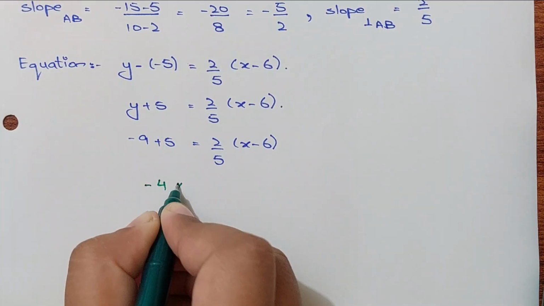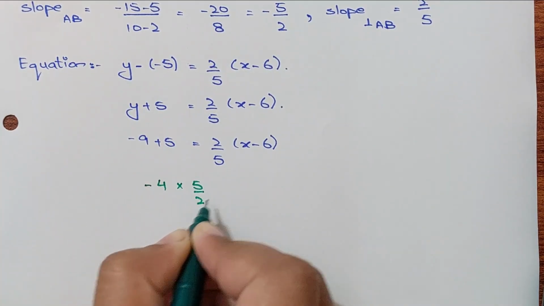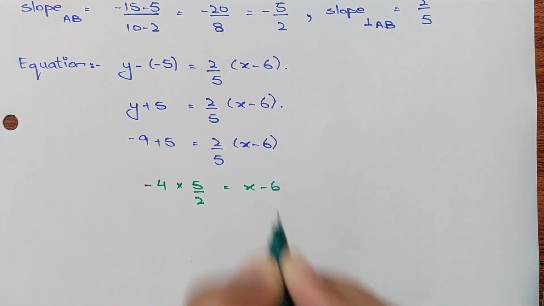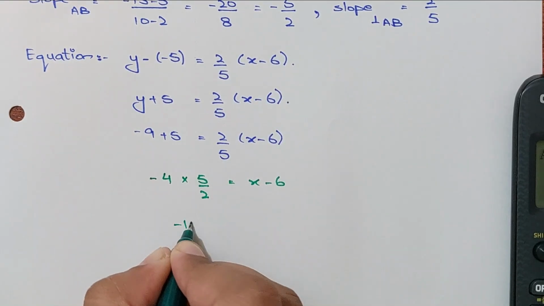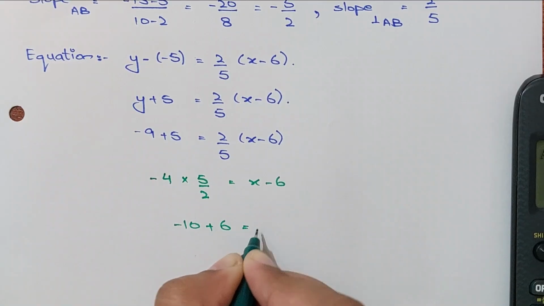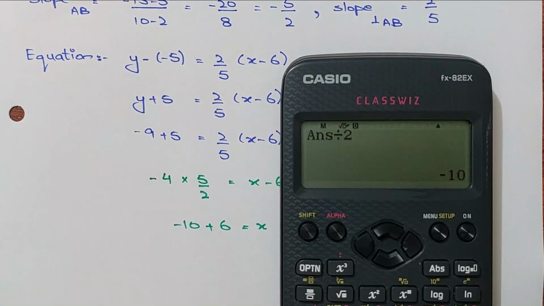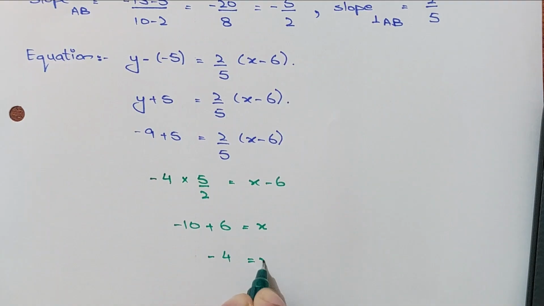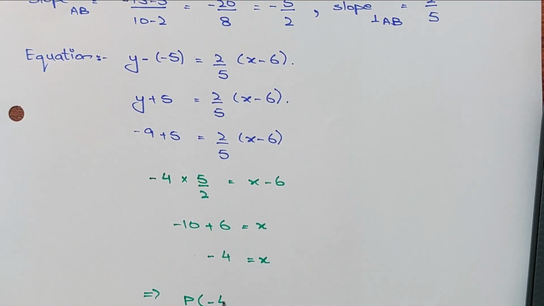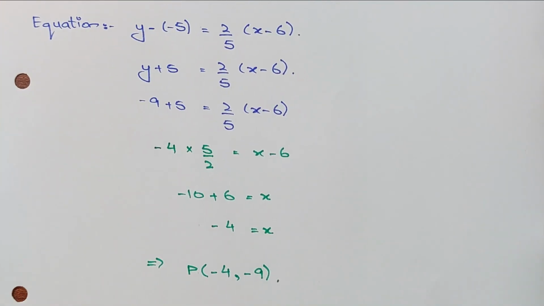Negative 4 times 5 by 2 equals x minus 6, right? Times 5 divided by 2 is negative 10. Minus 10 plus 6 equals x. So negative 10 plus 6 is negative 4. So negative 4 equals x. It means the point P has coordinates x is minus 4 and y is minus 9, right?